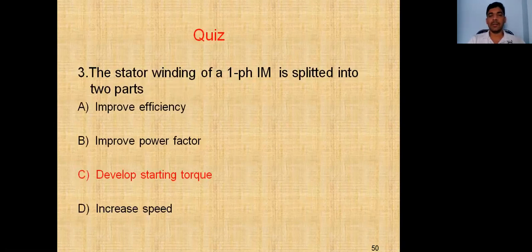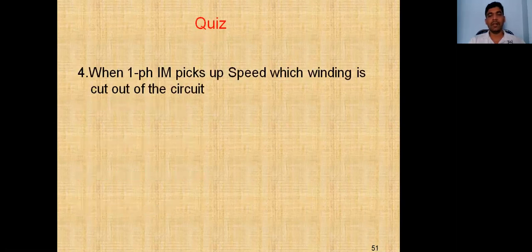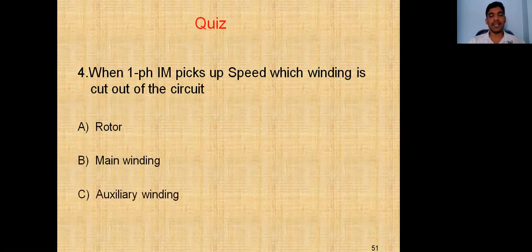That's why it is called split phase. One is the starting winding, one is the running winding. When a single phase induction motor picks up speed, which winding is cut out of the circuit? Option A, rotor winding. Option B, main winding. Option C, auxiliary winding. Option D, all of the above.